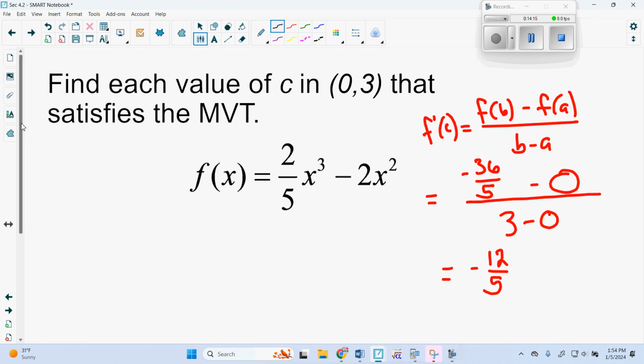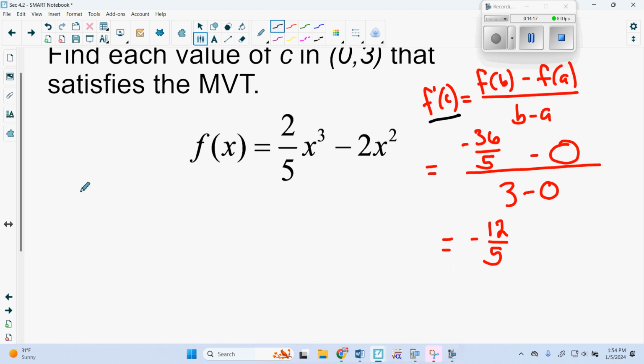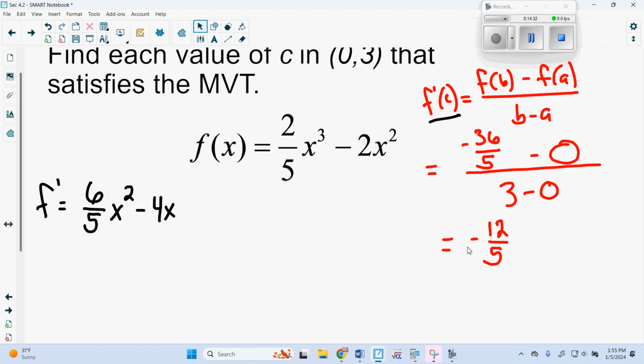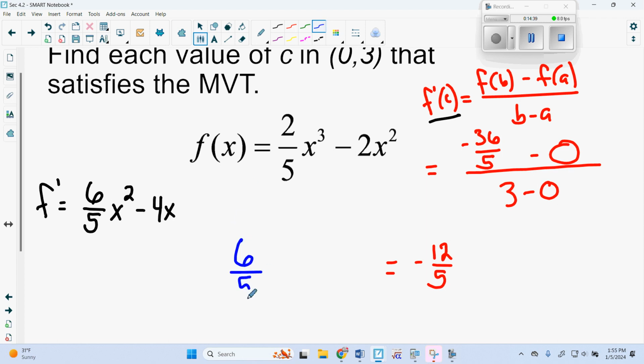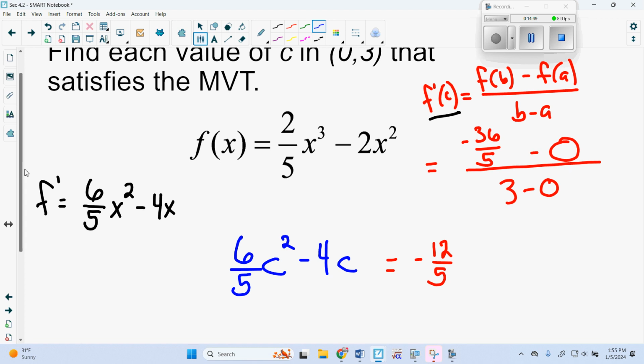Now, we need to find f prime of c. So we find our derivative, and we bring down the 3, it is 6/5 x squared minus 4x. So what we are looking for here with the mean value theorem is what values of c, and I'll write it this way, 6/5 c squared minus 4c, will give me negative 12/5.